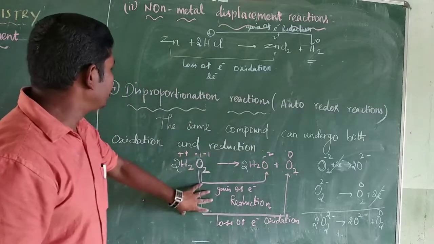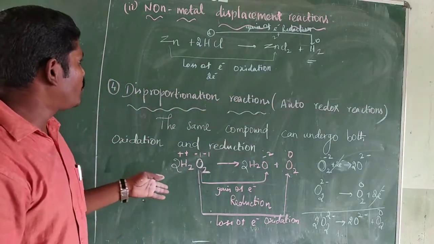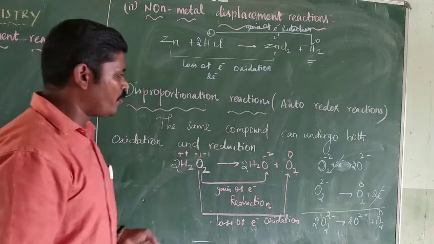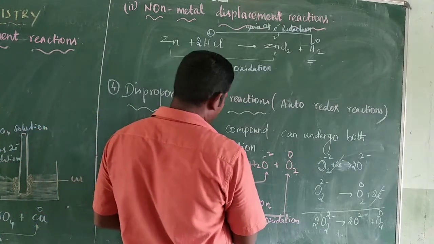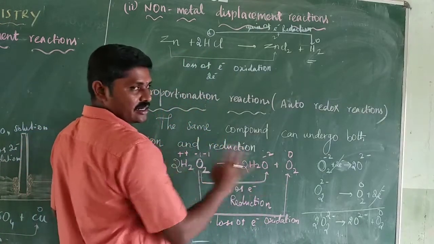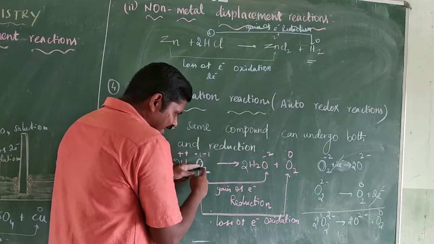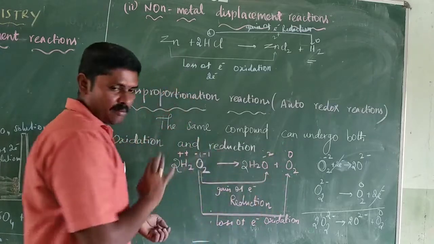So this reaction is a disproportionation reaction. The same compound, the same molecules, are involved in both oxidation and reduction. The same element decreases the oxidation number and increases the oxidation number.